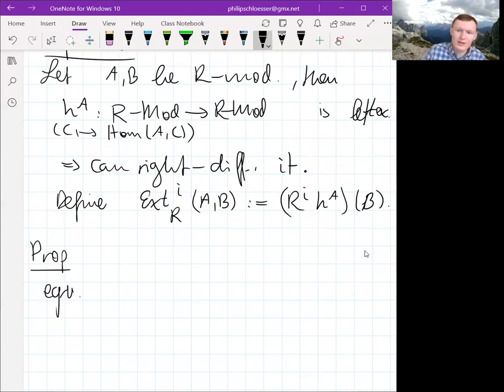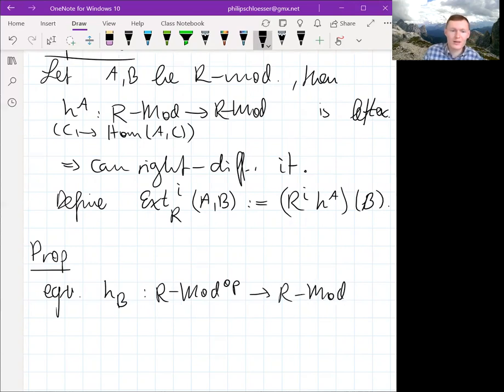Equivalently, we can look at the functor H_B, which goes from R mod opposite to R mod. And this one is also left exact.